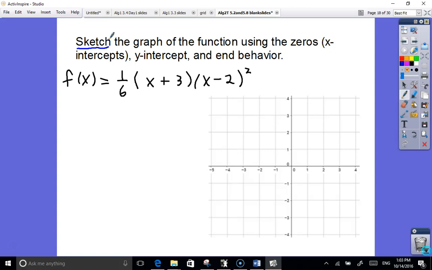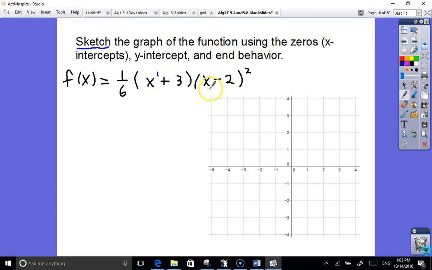Now, if you look at this one right here, it's not in standard form, but that's okay. We should still be able to tell the degree of this function. What would be the highest power of x if you did FOIL it? The first factor, x plus 3, is x to the first.